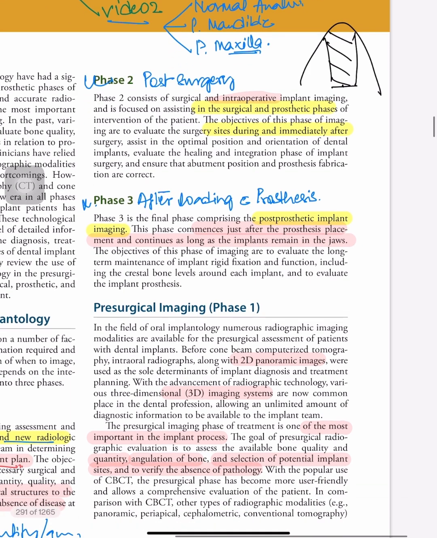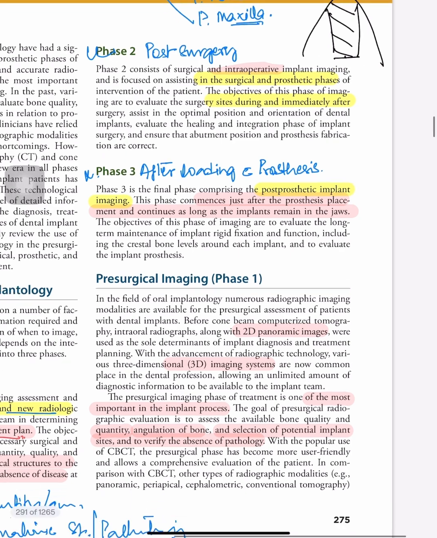Phase 3 is after placement of the implant, when you have loaded the implant with the prosthesis, you do it periodically, once in 6 months or once in 3 months, to evaluate how the implant is keeping up, whether there is any loss of bone or not. So for all these cases we need imaging.